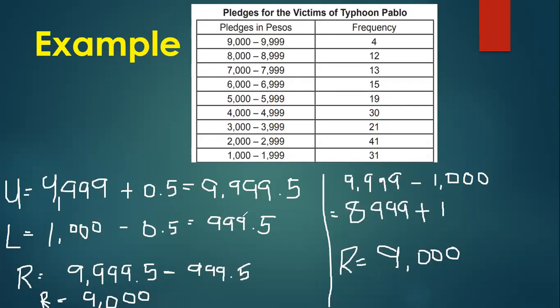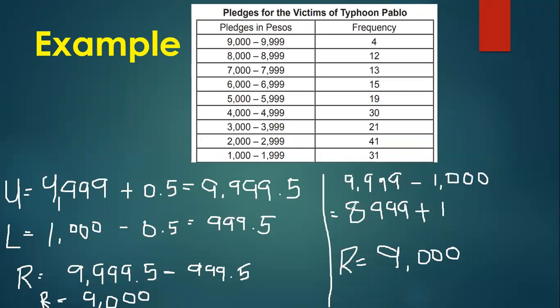Then subtract: 9,999.5 minus 999.5, and you get 9,000. In the second method, just look to the highest class limit, 9,999, then the lowest limit, 1,000.